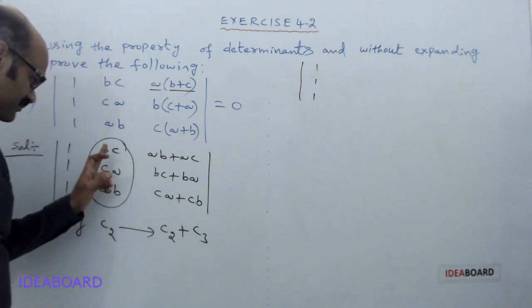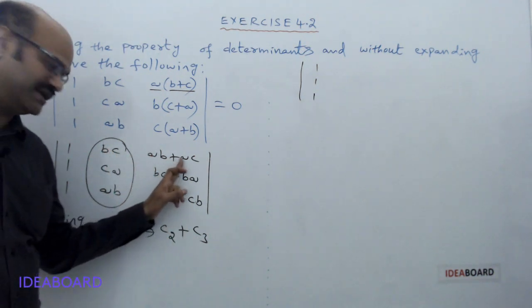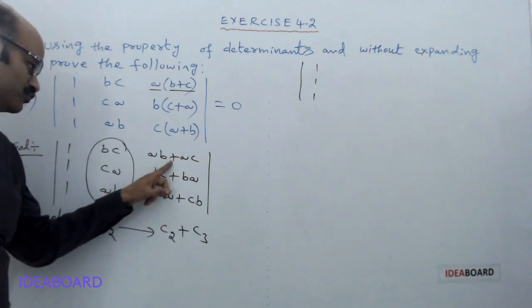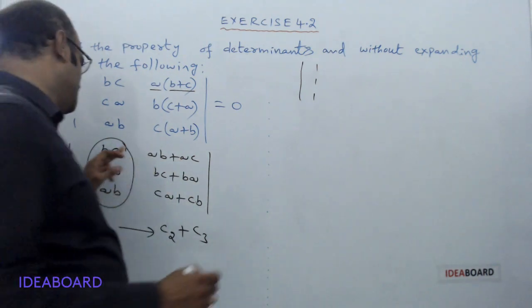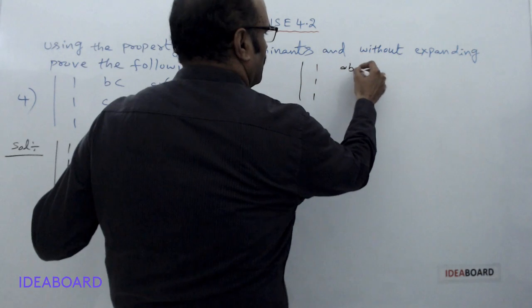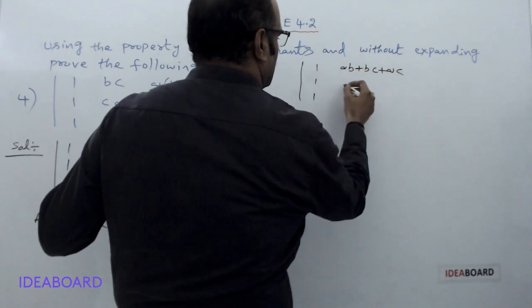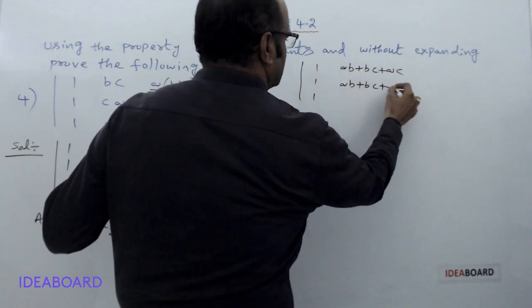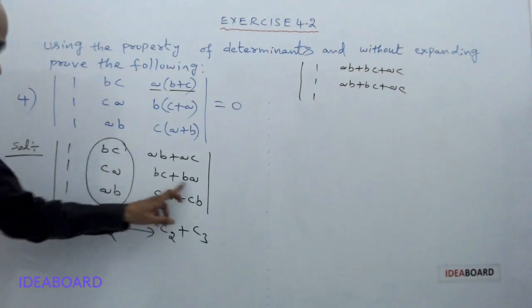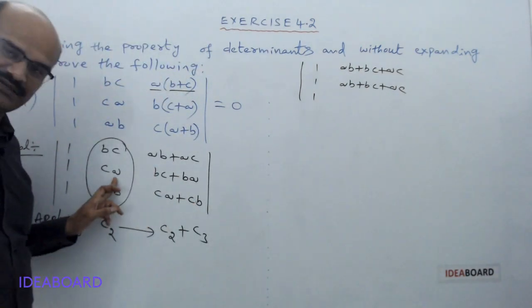C2 plus C3: the corresponding element of BC is AB plus AC. Now you have to add these two, so we get AB plus BC plus AC. Same here, AB plus BC plus AC.